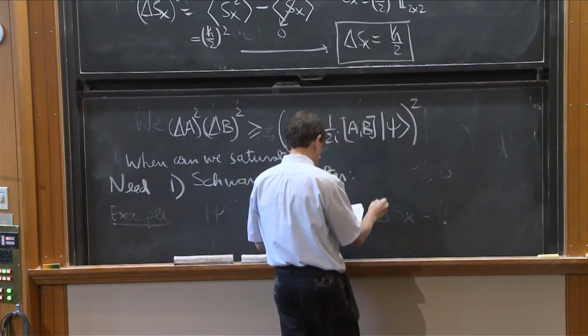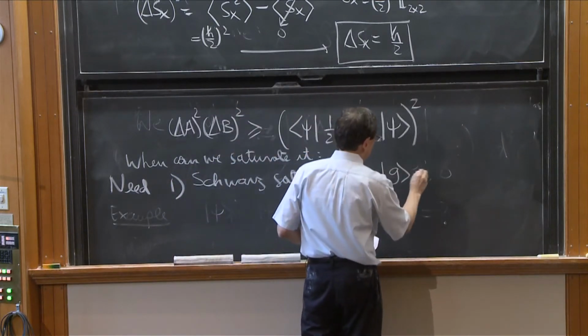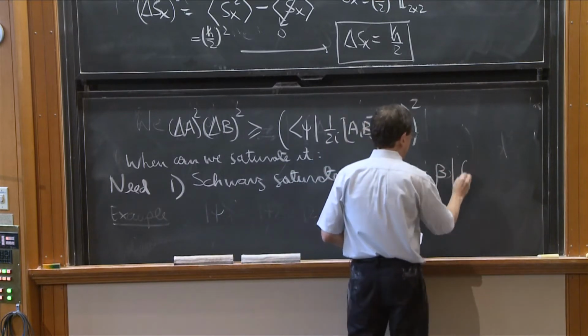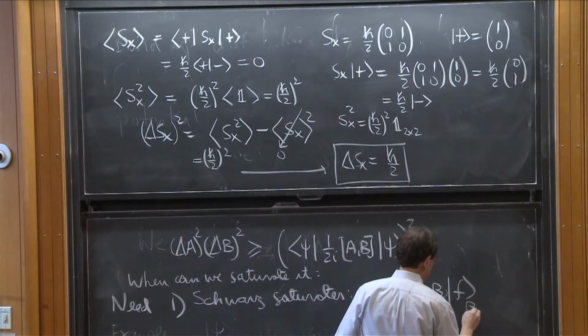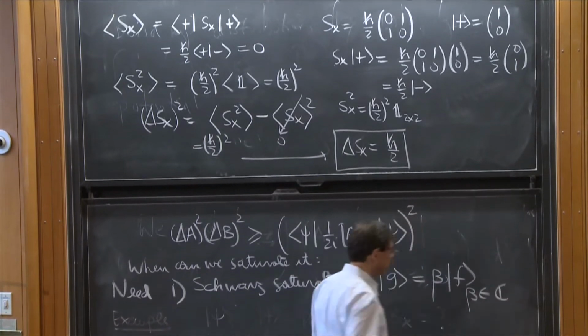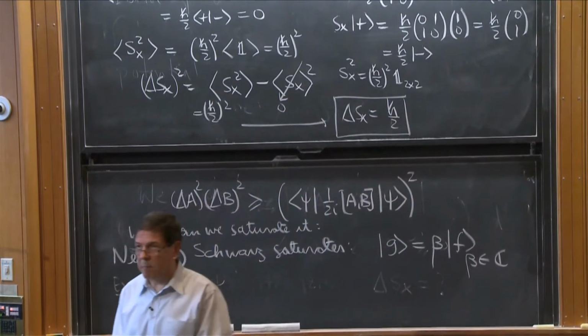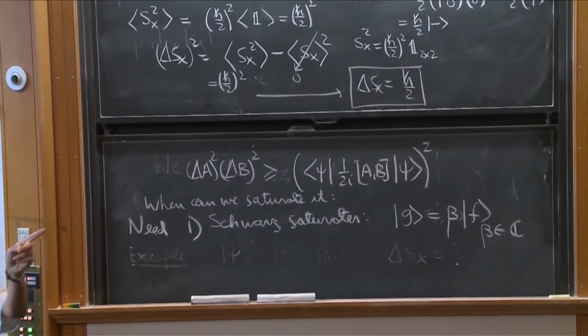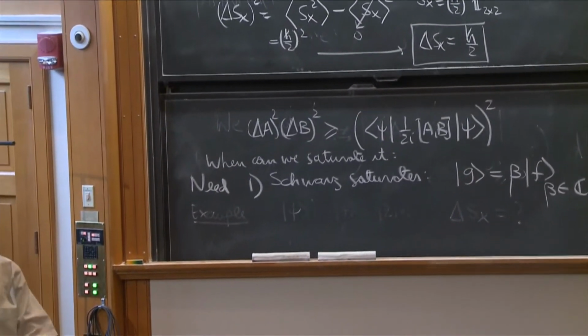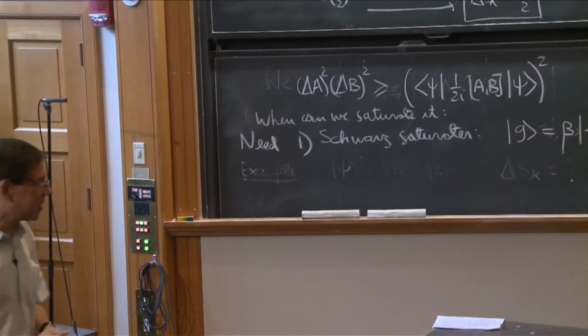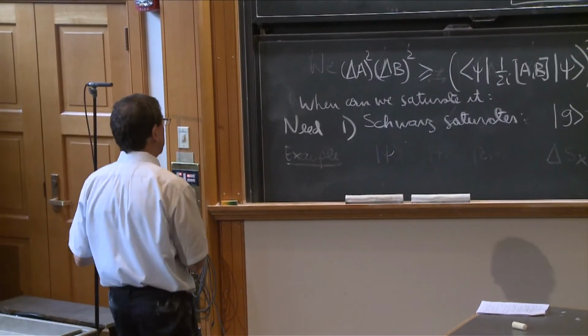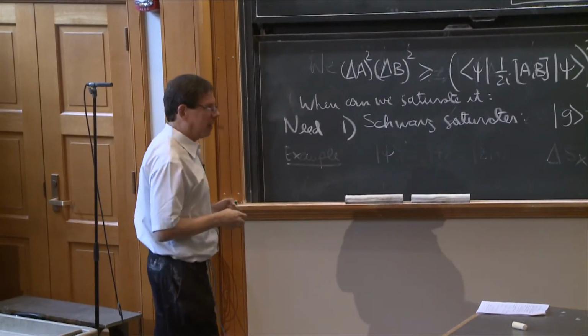Which means that G is some number times F, where beta is a complex number. This is a complex vector space, so parallel means multiply by a complex number. That's still a parallel vector. So this is the saturation of Schwarz.